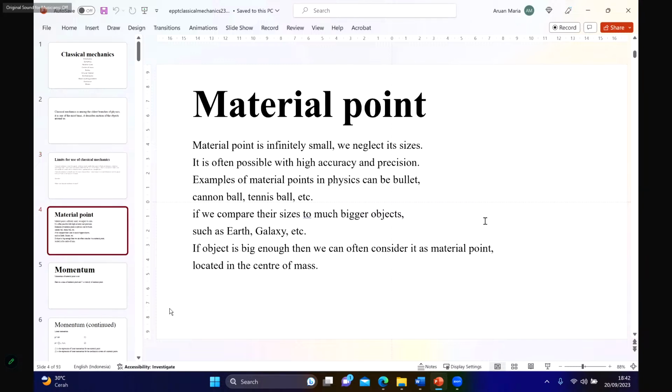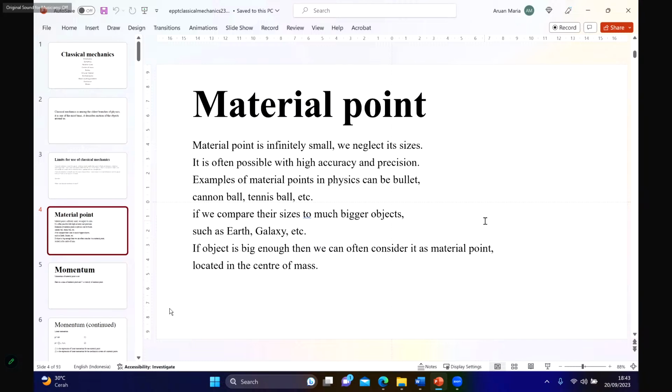Okay, let's look at material point then. The next slide, slide number 4. Material point is a model that we will use. Instead of considering large objects, we will consider just one infinitely small point in the center of mass of the body.